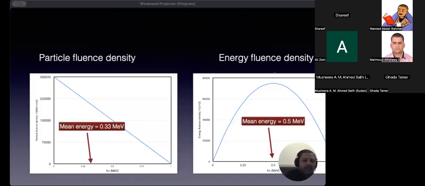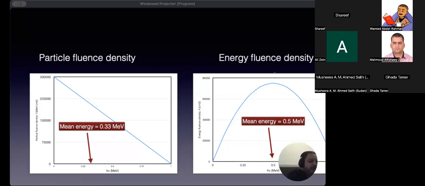If we look back at the curve, the average over this line is about 1/3 of the space, so the mean energy is going to be 0.33 MeV. Now, if we use this curve, the average is going to be 0.5. I think it's obvious from the two curves that the two averages are different.